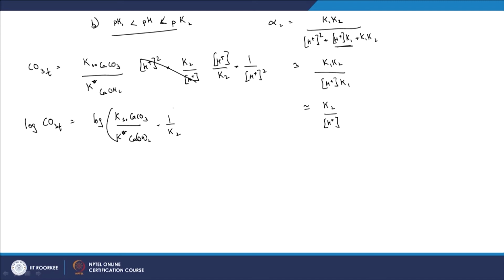So this again is a constant, and here we have logarithm of H plus to the power of minus 1, so negative logarithm of H plus. So what does that mean? We know that pH is equal to minus log concentration of H plus, and that is what we are left with here. So it is going to be plus pH.